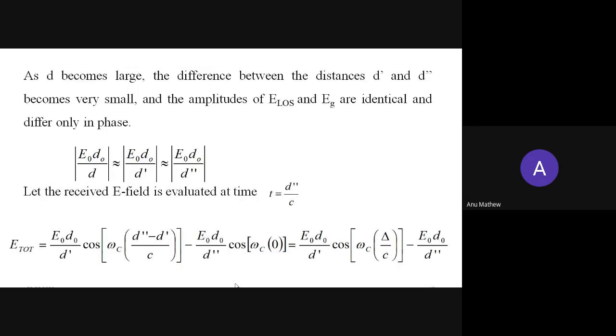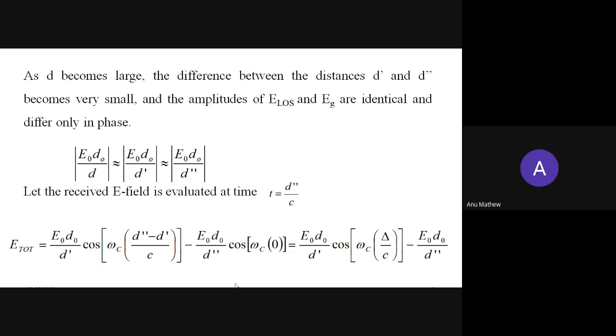Then as d becomes large, the difference between the distances d dash and d double dash becomes very small, and the amplitudes of line of sight energy and the ground propagated energy EG are identical and differ only in phase. Okay. When the transmitting and receiving antennas are kept at a large distance, then d dash and d double dash will be approximately equal.